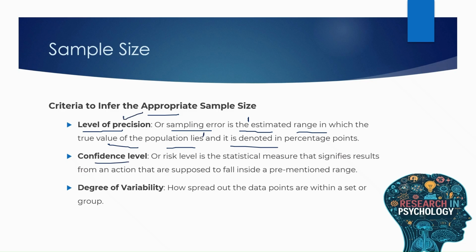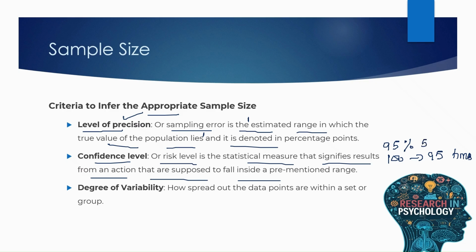Next, we have the confidence level, or the risk level. This is the statistical measure that signifies results from an action that are supposed to fall inside a pre-mentioned range. Which means if we say our confidence level is 95%, then out of 100 times, 95 times our results hold true. There is a 5% chance that there is some error in the outcome.